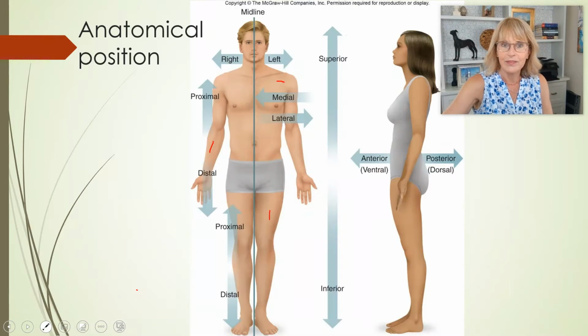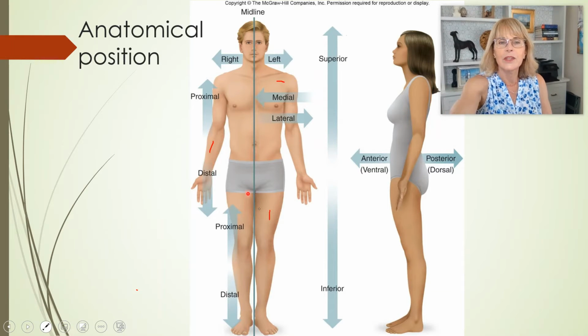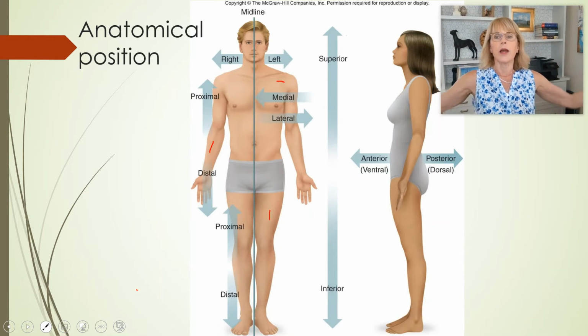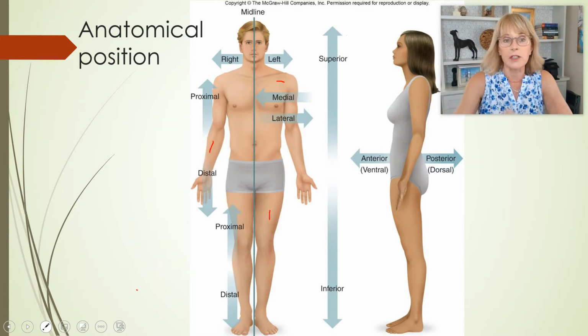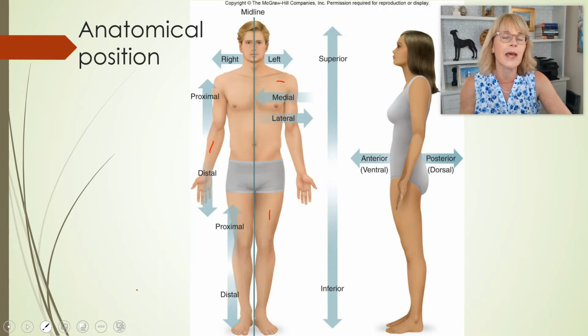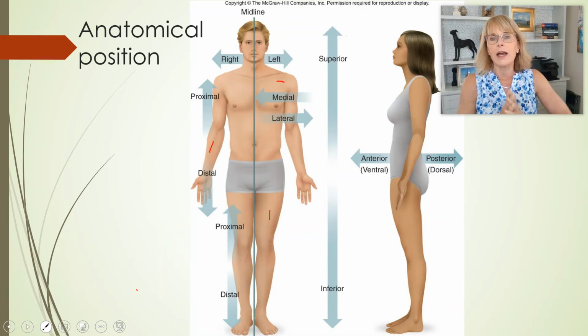It's just like this guy right here, standing facing forward, arms down, out at the side with the palms facing forward. Okay. So at the very least, now we could agree that this is the front of the forearm. Why do we agree on that? Because we've agreed that that is his position.